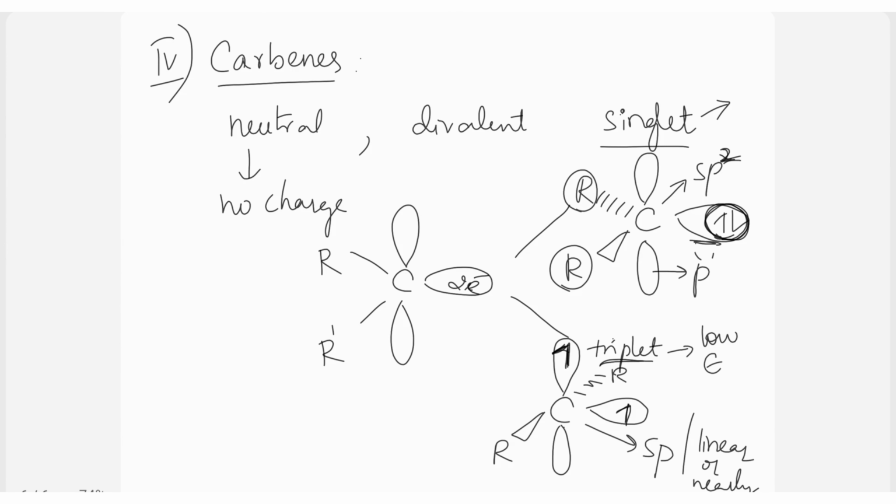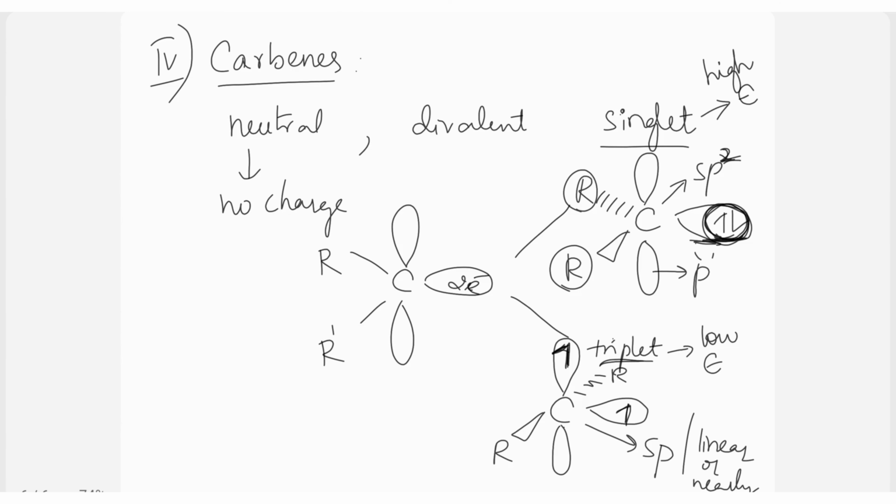It is because to overcome the repulsions between the electrons and to get paired, the energy required is higher. So the singlet form is of higher energy and the triplet form is of lower energy.